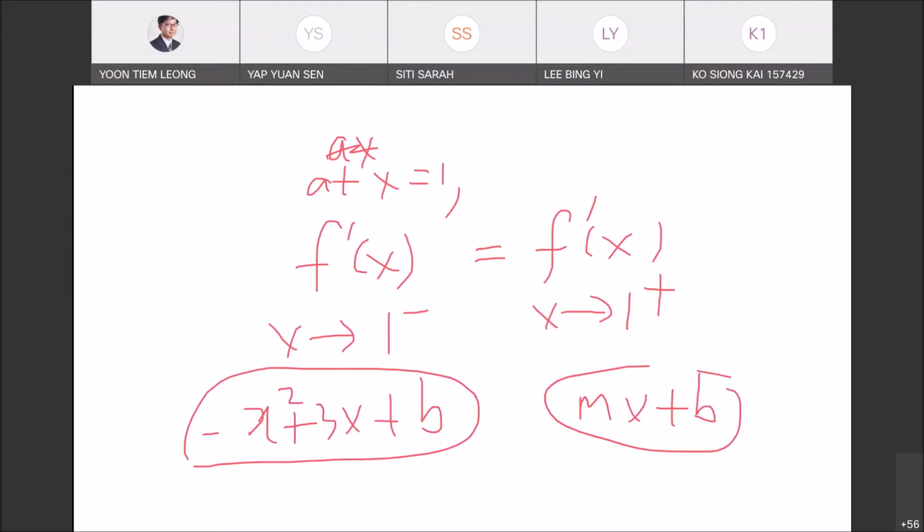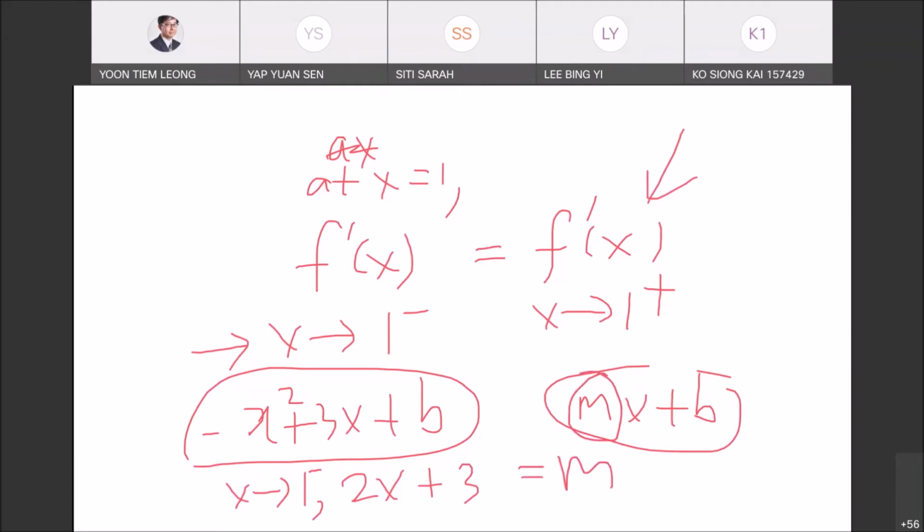Therefore, the derivative of the function from the left of 1 is just minus 2x plus 3, with x going to 1 from the left. On the right hand side, the derivative of the function is m. So it equals m.